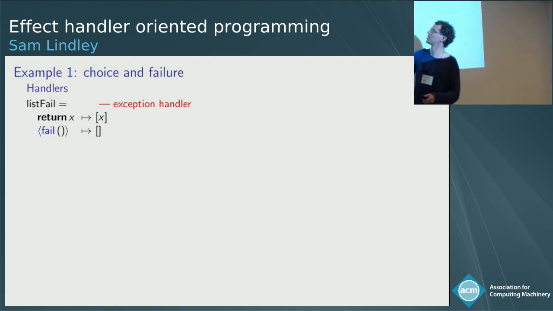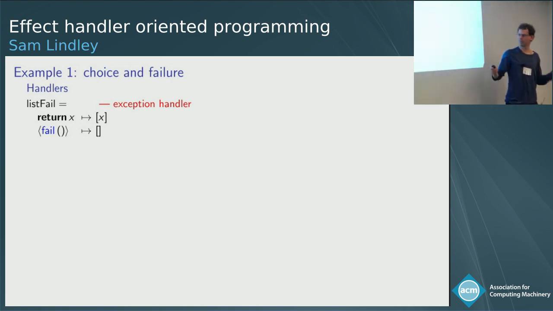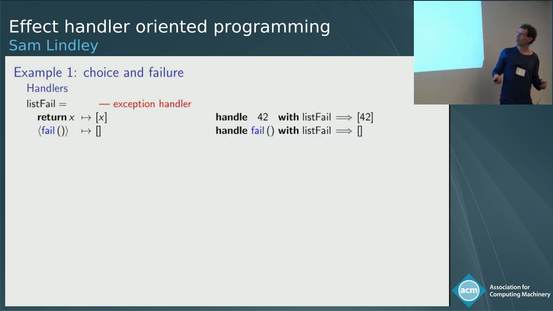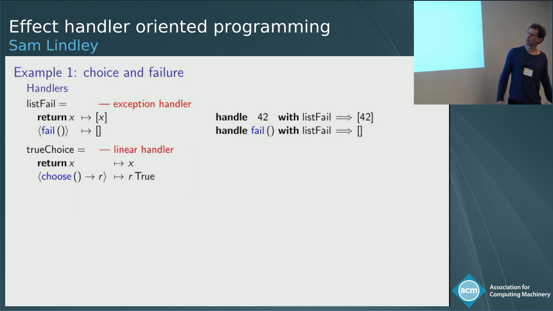And in this case, it's going to just return a singleton list. So if I run that on the value 42, then I just get the singleton value 42, and if I get an exception, then I get an empty list.